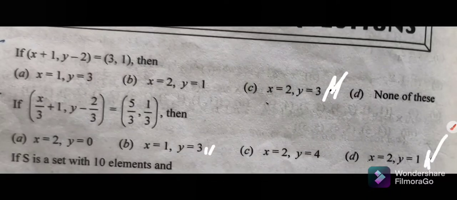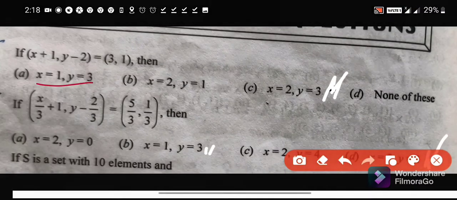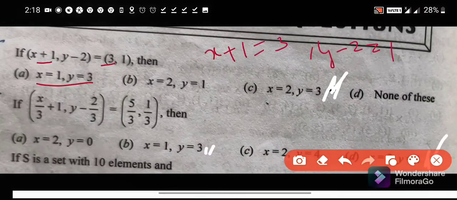Next question. If (x plus 1, y minus 2) is equal to (3, 1), then find values of x and y. Equate corresponding coordinates. X coordinate x plus 1 is equal to 3 and y coordinate, that is y minus 2, is equal to 1.